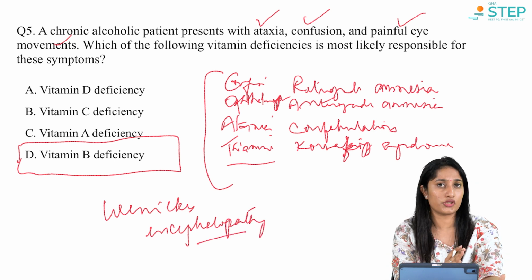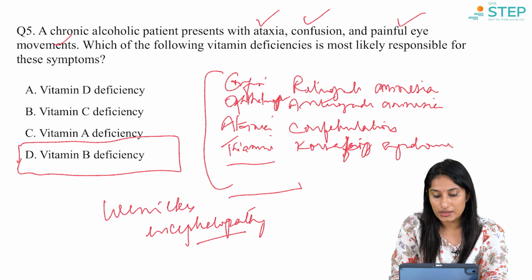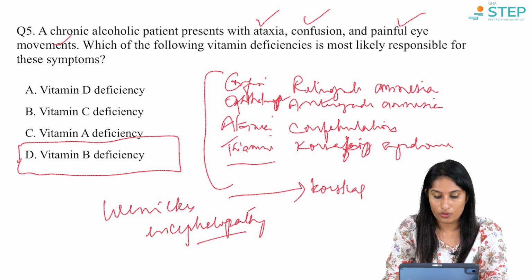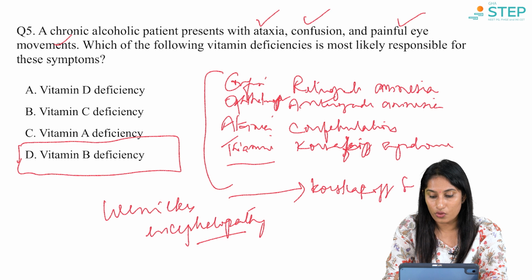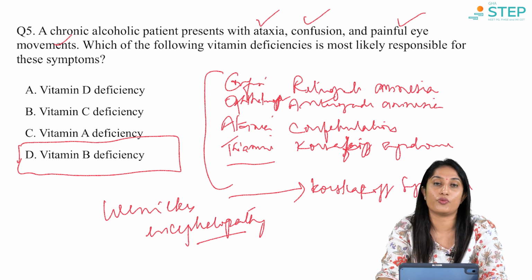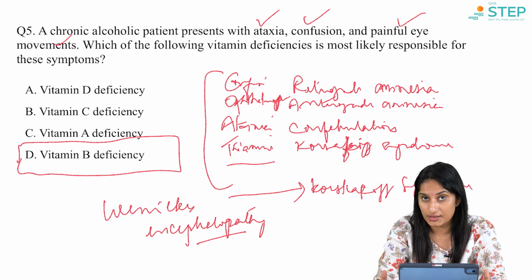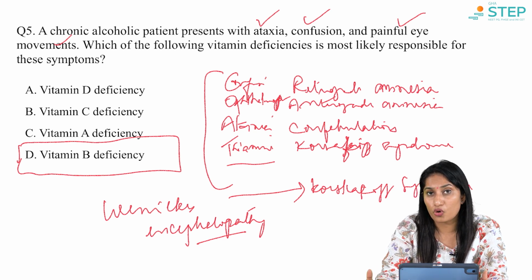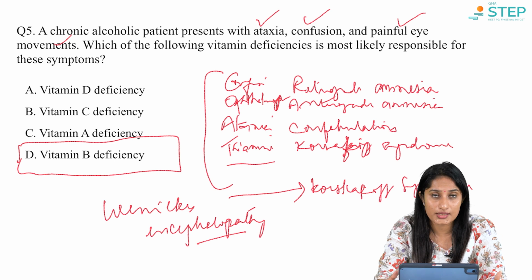Okay, so this would be the initial stage. If not treated, the person will go on to a more chronic Korsakoff psychosis or Korsakoff syndrome. Both are seen in alcoholics, both are due to thiamine deficiency. So, what is this person having? Is it Korsakoff syndrome or Wernicke's encephalopathy?